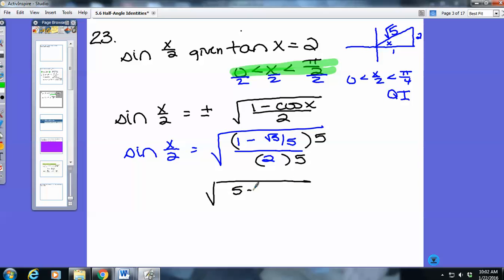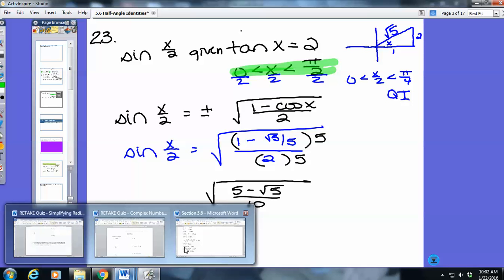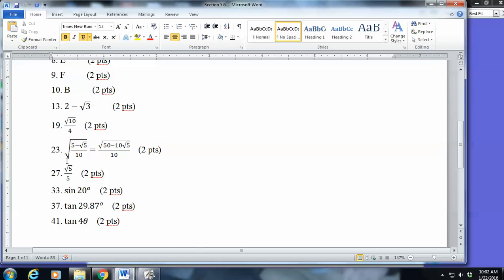So we get 5 minus the square root of 5 all over 10. Is that how I left the answer on here? Did that rationalize? Yeah. You could leave it that way. You could also multiply by the square root of 10 on top and bottom and remove it. I would take your answer either way.